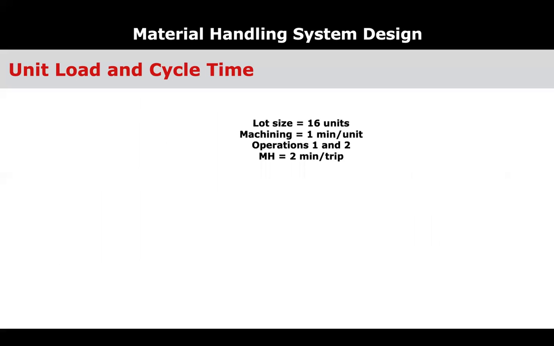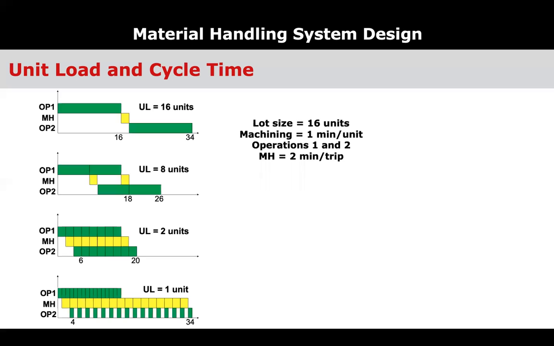The assumptions we're dealing with here are a lot size of 16 units, machining for each operation, 1 and 2, is 1 minute, and the material handling time is 2 minutes per trip. On the left here, we have 4 situations.